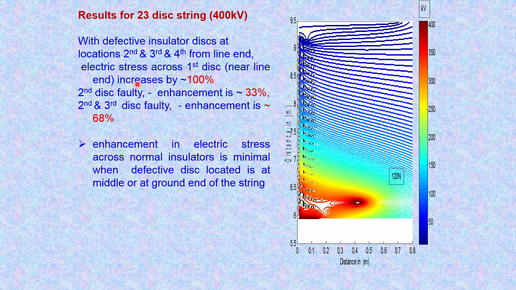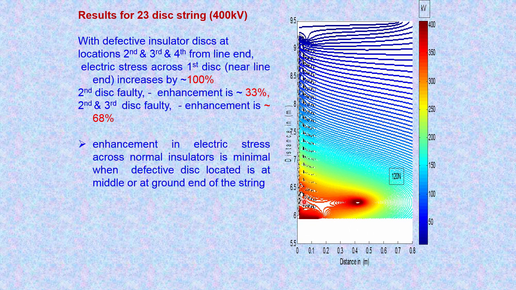You can see here the electric stress across the first disc increases by 100% or more. Whatever stress it used to see earlier, if the second, third, and fourth insulators are faulty, the stress will be doubled across the first.